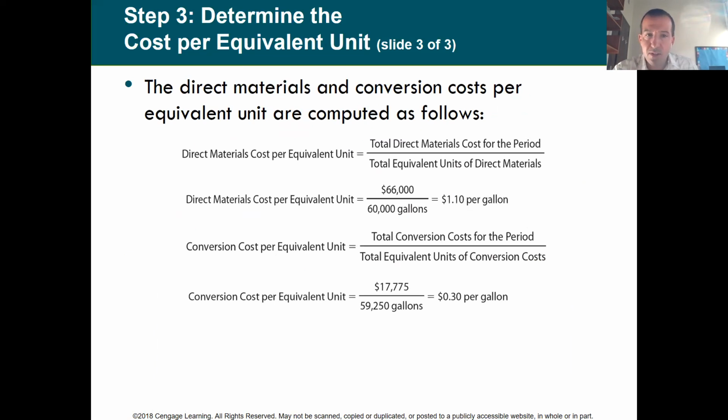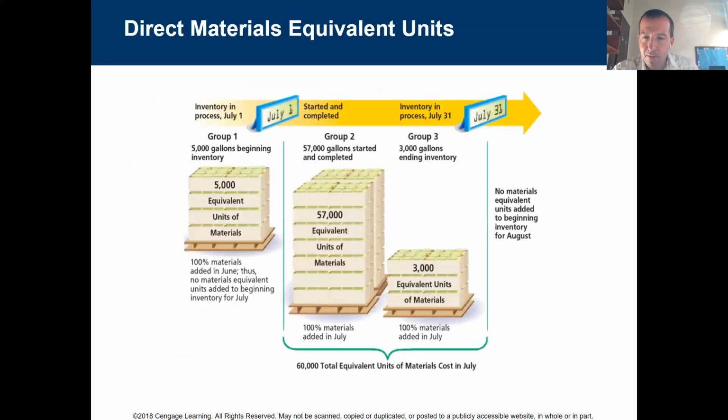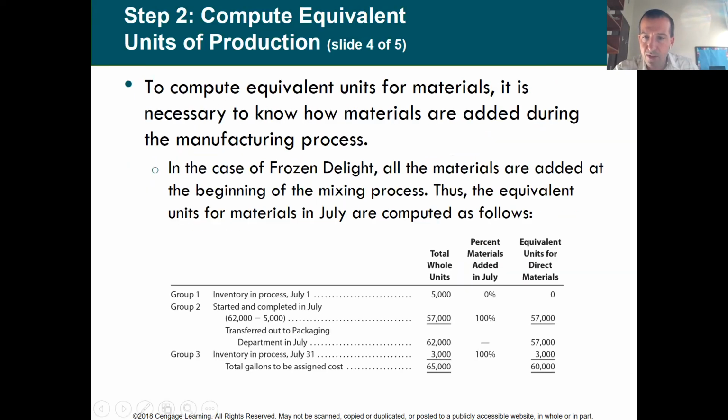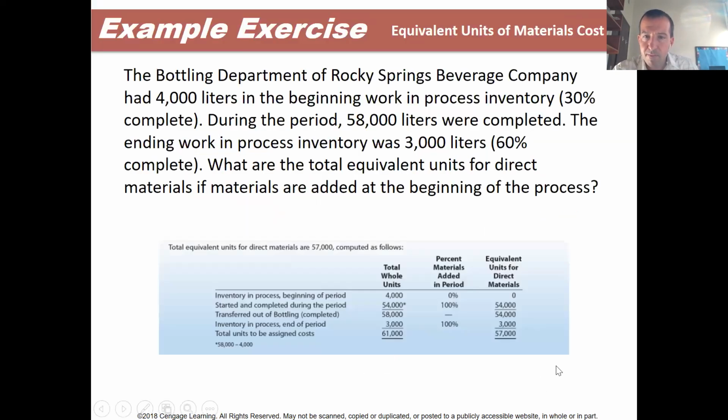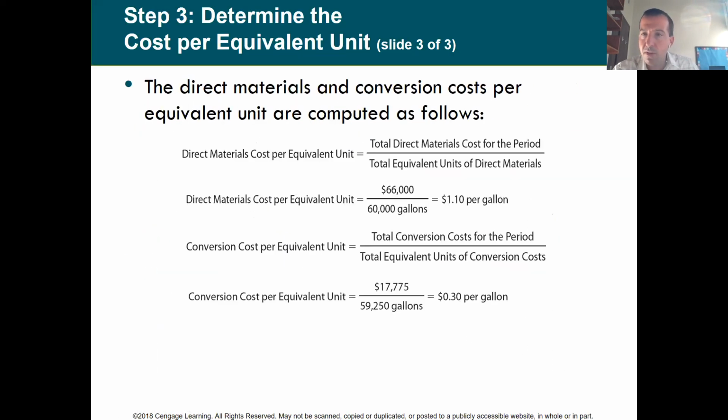So the cost in this example for direct materials is 60,000, and the equivalent units was 60,000, which we got back from here, right? The 60,000 is right here. So the equivalent rate per unit is $1.10 per unit.